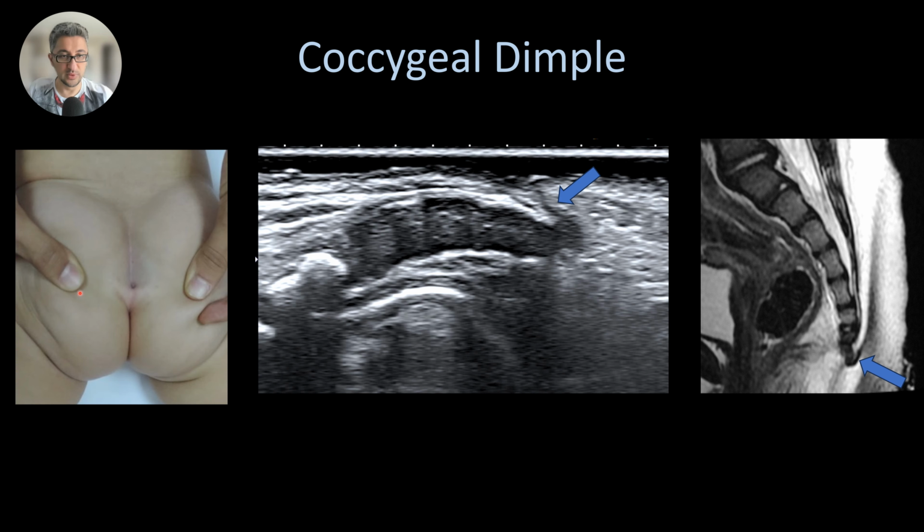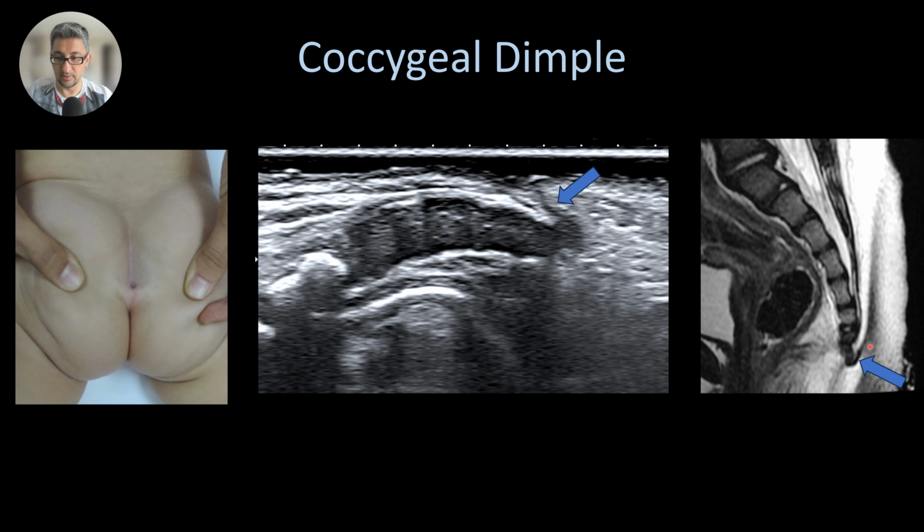In this patient with a coccygeal dimple, without a visible floor, on the ultrasound we can see the sinus tract extending between the tip of the coccyx and the dimple. And on the MRI we can see this short tract, barely. As you can see, it is not extending into the spinal canal, which is at the level of S2.